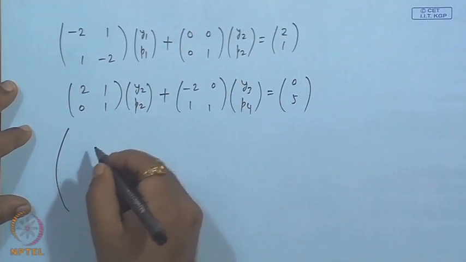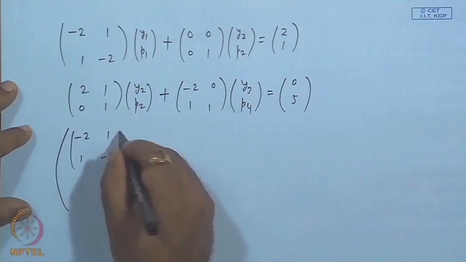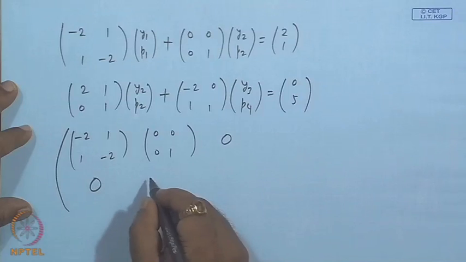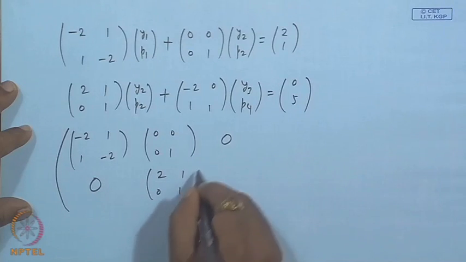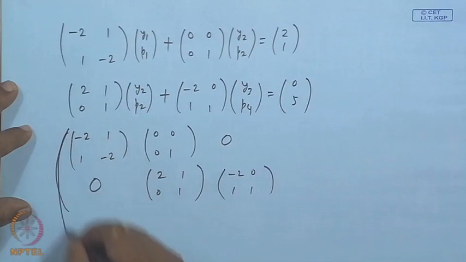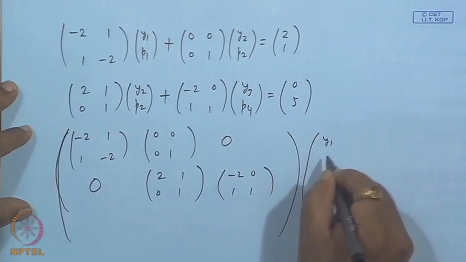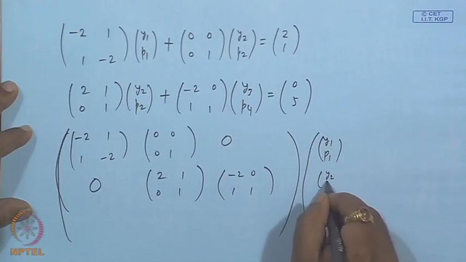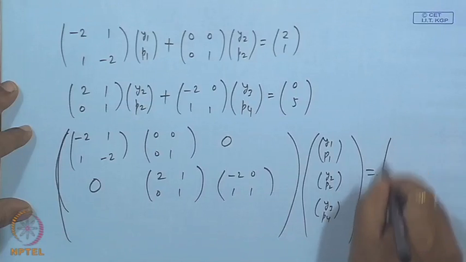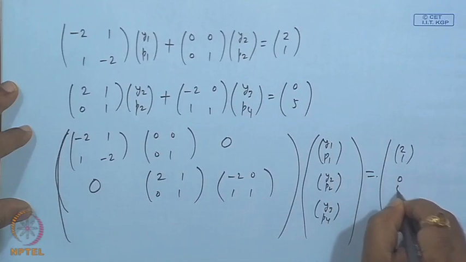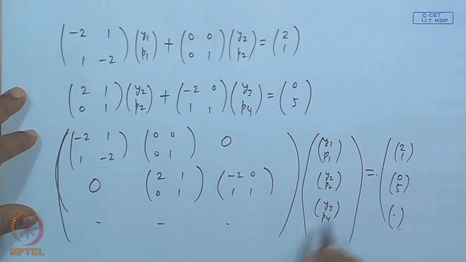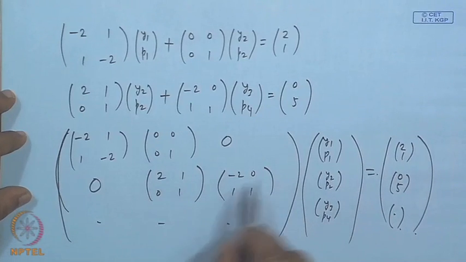Okay. So, ultimately we get another matrix here and this one. So, this will be the tridiagonal system which we have to solve.